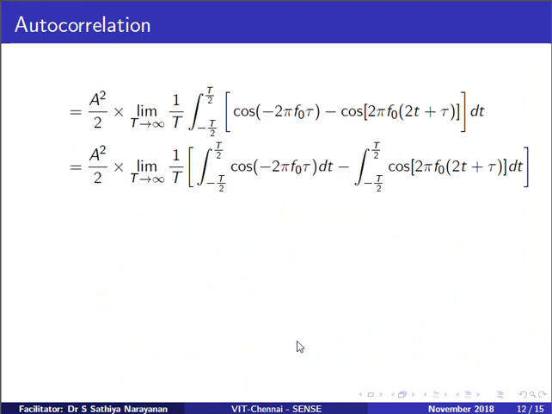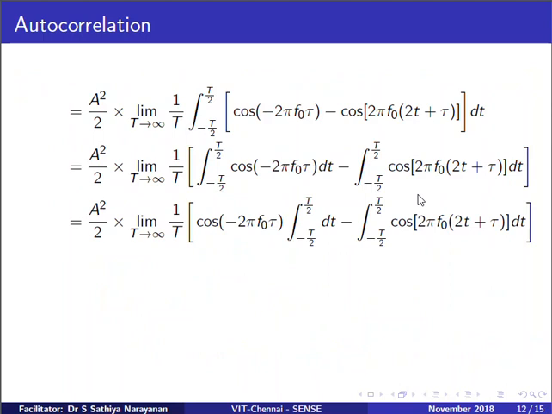So before that, we will just split this and write it as a summation of two integrals. Then, cos(minus 2 pi f naught tau) can be taken outside the integral, so the remaining will be minus the integral from minus T by 2 to T by 2 of dt.